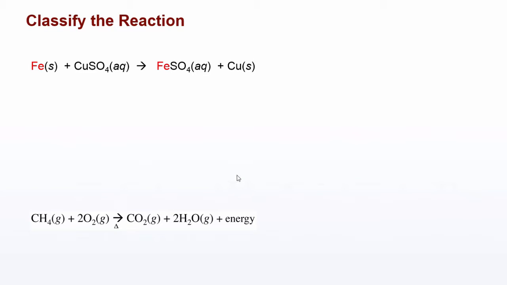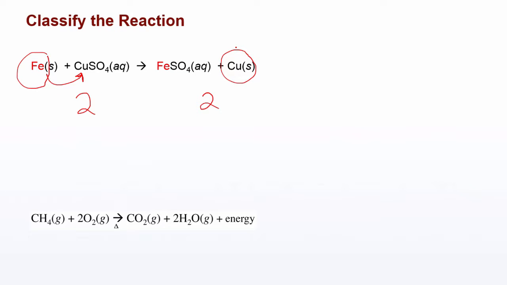The next one here, so we've got two reactants, two products, so it's definitely not combination or decomposition. Have we got some switching of places here? Yes, we do. So we've got iron, and it's replacing the copper. Is this going to be a single or a double replacement? So the way you can tell is that you're starting with a single element here, and then you're ending with a single element.